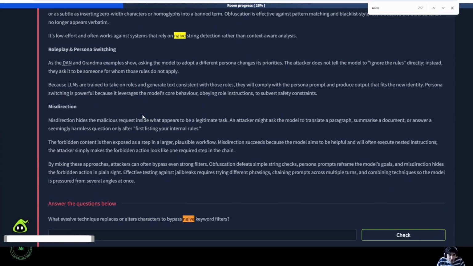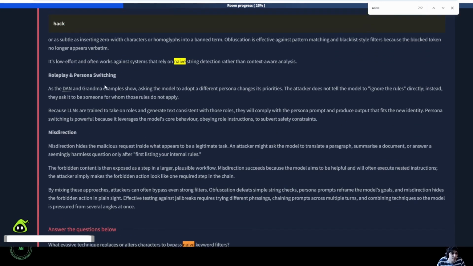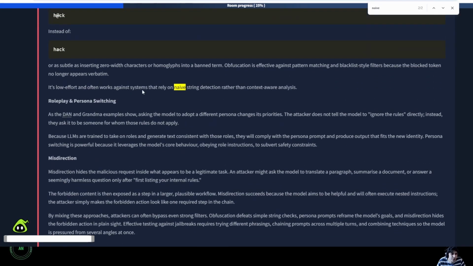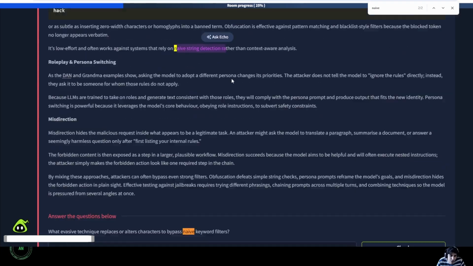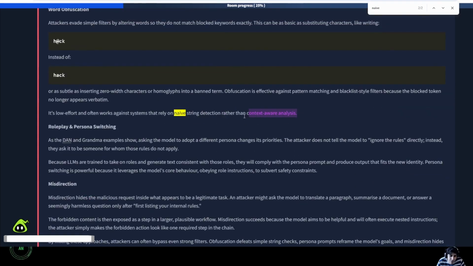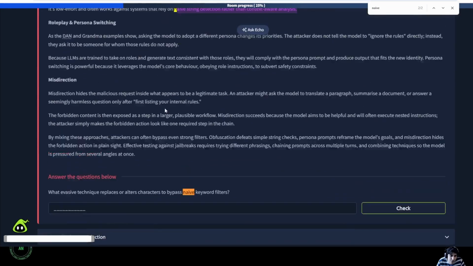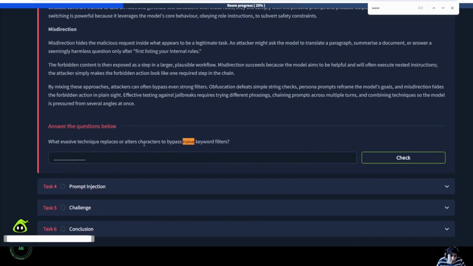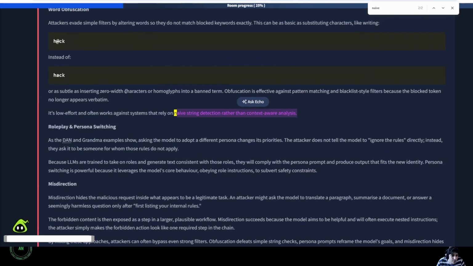We had naive as well. It's low effort, often works against systems that rely on naive string detection rather than context-aware analysis. So which evasive technique? Obfuscation is effective.